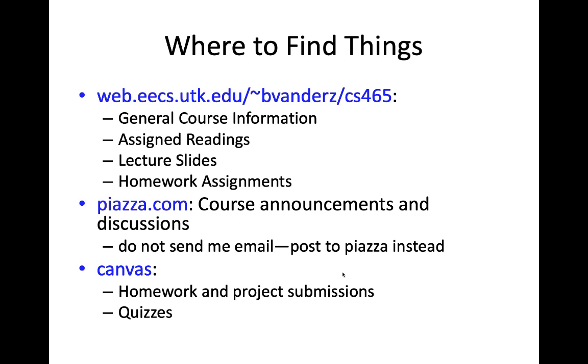And finally, Canvas is for your homework and project submissions, and there's quizzes there as well, which I will get to. Okay, so basically, you find the homework assignments on the course website, but you hand them in on Canvas. Also, the e-textbook is on Canvas.